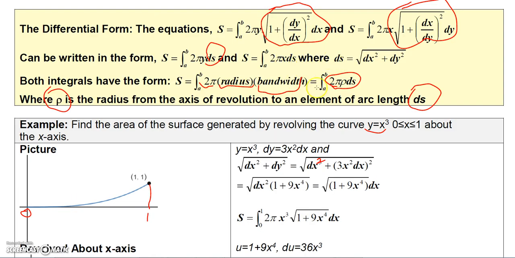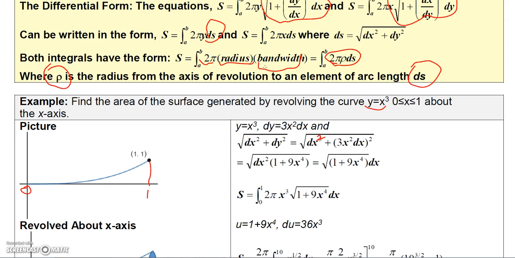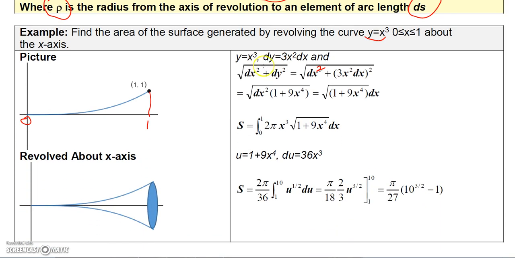To apply these formulas, first I know that the curve is y equals x cubed, and then I know that dy is 3x squared dx. So when I calculate this ds, I take dx squared plus dy squared.